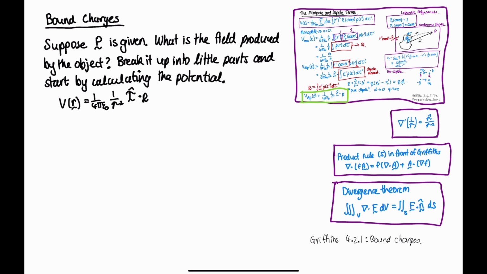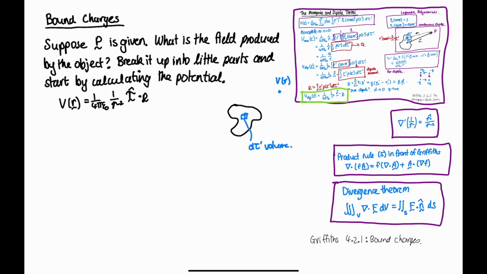Okay, but this is just for a single dipole, and we're considering a continuous object. So let's draw our object here. Here's our object, some random shape made up of some volume. And let's consider a little volume increment in here. This volume increment has volume d tau prime. And what we're asking about is, what is the potential at this point R over here?